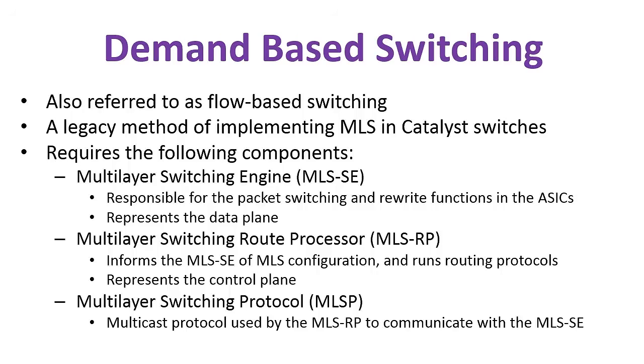The multi-layer switch route processor informs the switching engine of MLS configuration and runs routing protocols. This represents the control plane. And finally, the multi-layer switching protocol. This is a multicast protocol used by the RP to communicate with the SE.